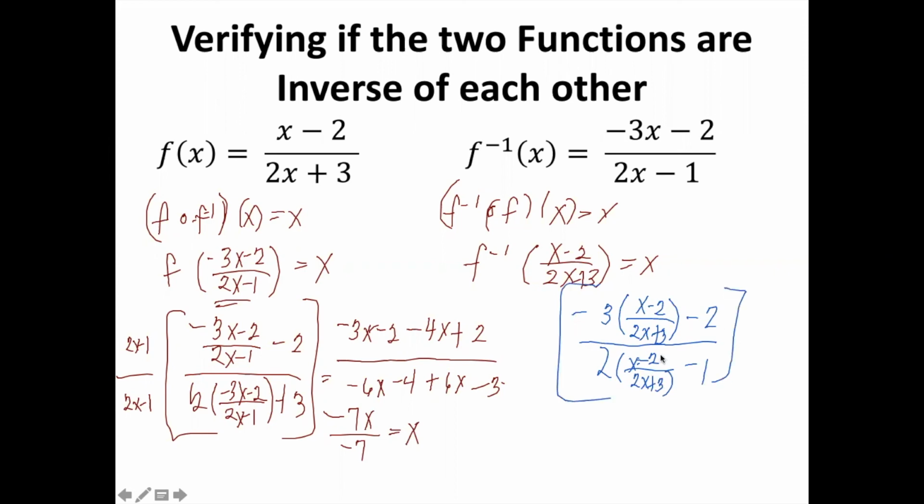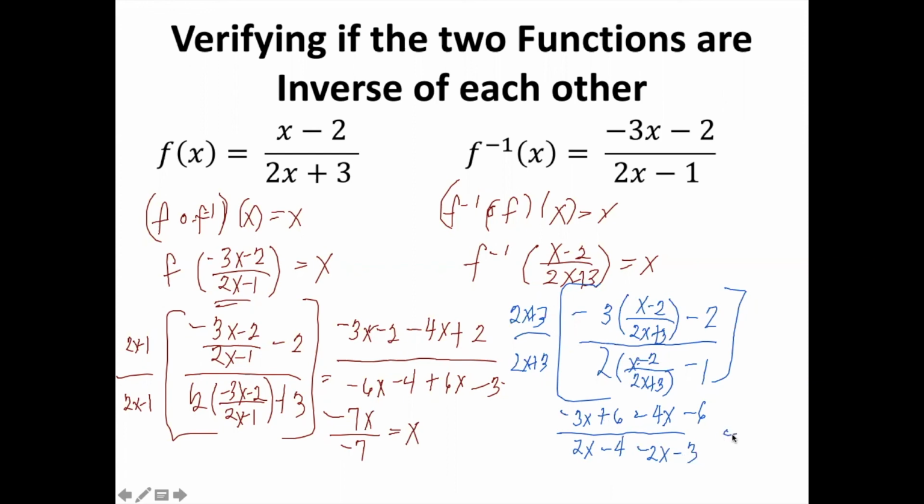So we multiply by the LCD 2x plus 3. So you have negative 3x plus 6 minus 4x minus 6, all over 2x minus 4 minus 2x minus 3.